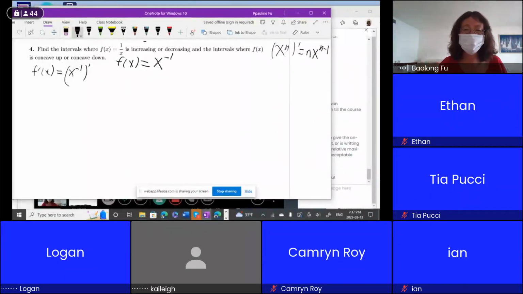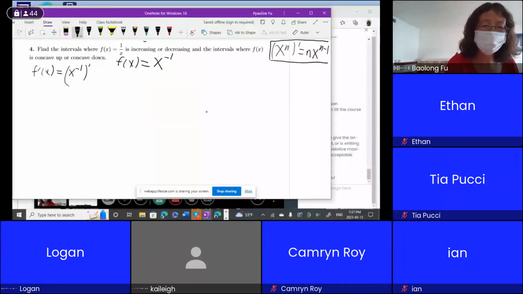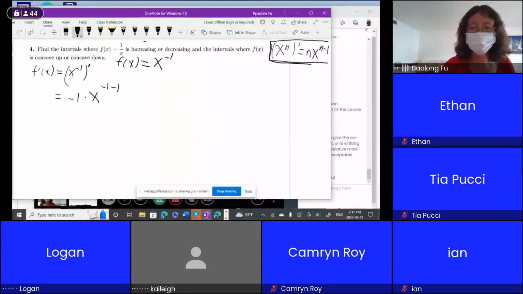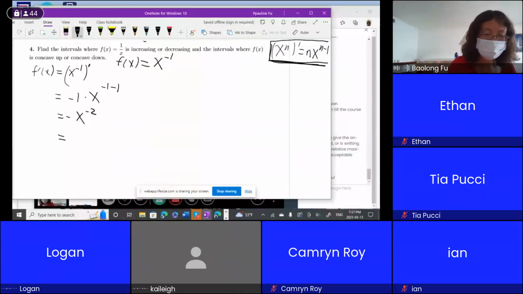I write x^(-1) because I want to use this formula directly. The derivative equals -1 times x^(-1-1), so it equals -x^(-2).